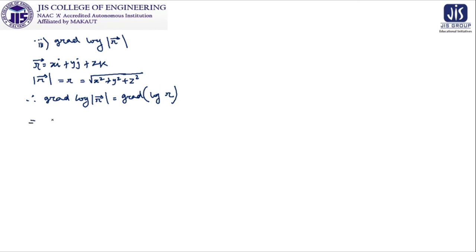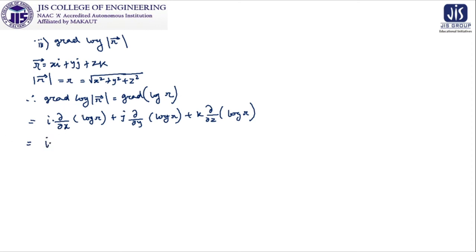So our job now is to calculate the gradient of log r. According to the formula, we can write i del x of log r plus, in a similar manner, j del y of log r and k del z of log r. Clear? So I can write it here according to the chain rule.